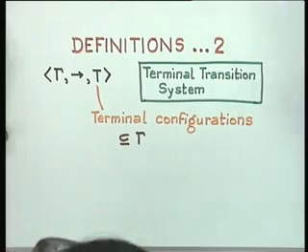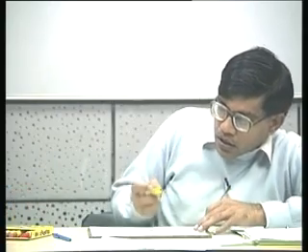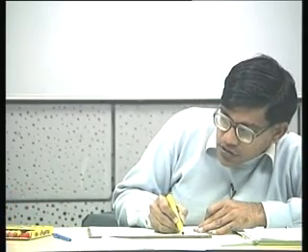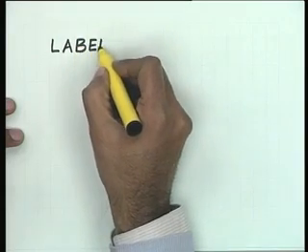So you could go further, for example, and define a labeled transition system as something that also carries labels.